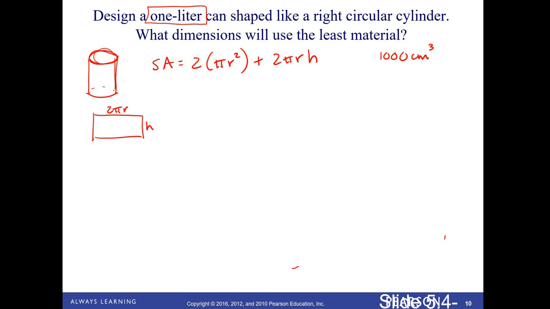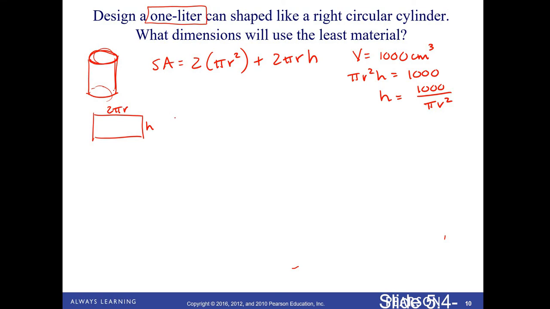And I want that to be the volume of my can. So the volume of a cylinder is pi r squared times h. And I know that that's going to always equal 1,000. So I could solve for h here and know that it's 1,000 over pi r squared.